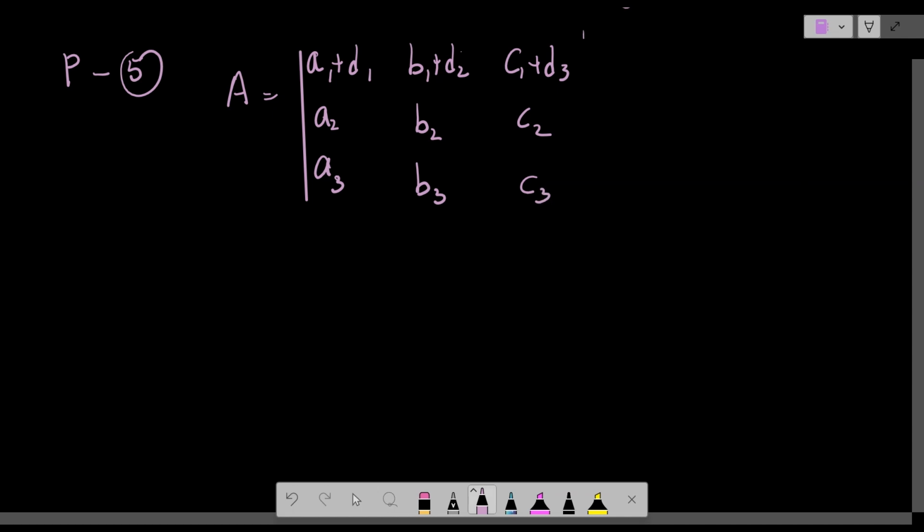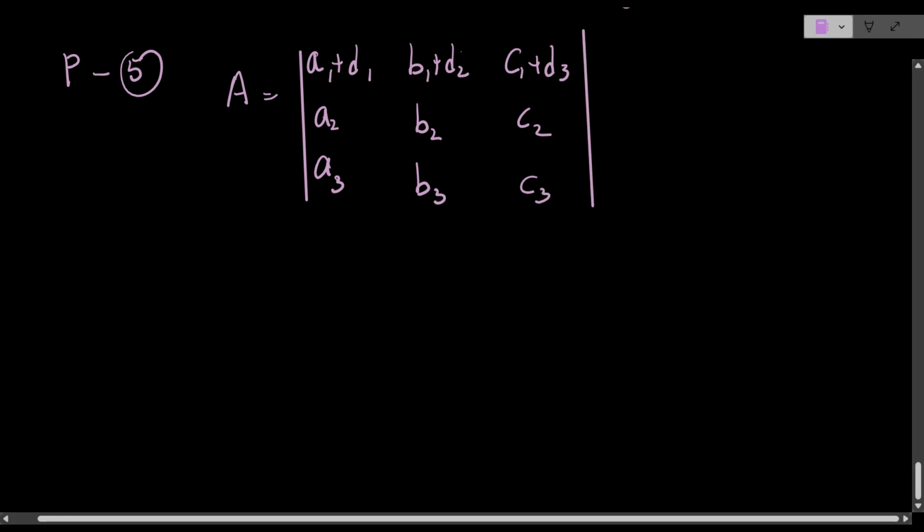So what I have done here is I have added some numbers to the first row: A1 plus D1, B1 plus D2 and C1 plus D3.